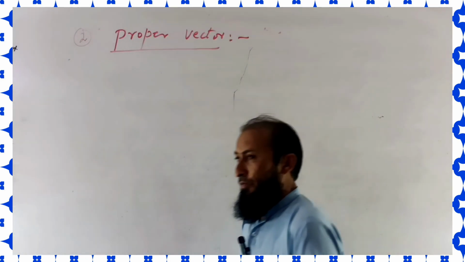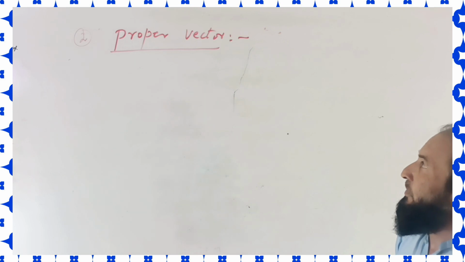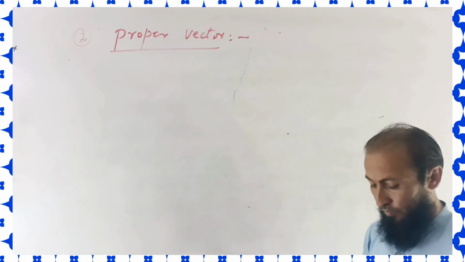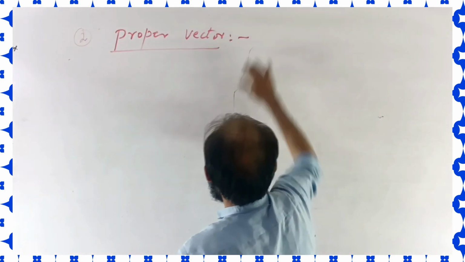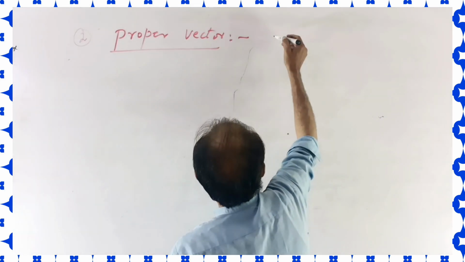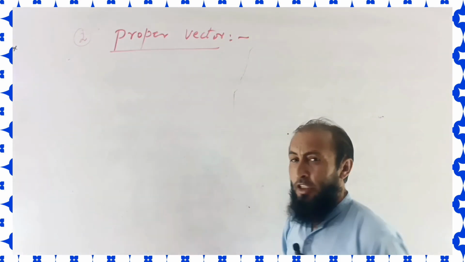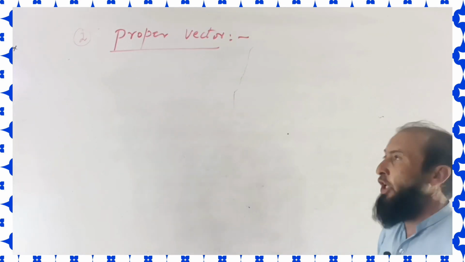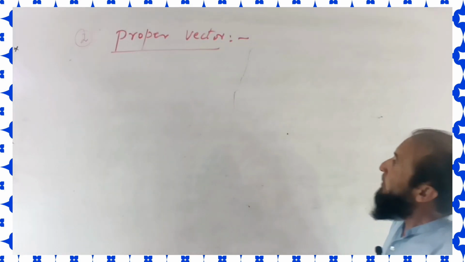A proper vector is that type of vector whose magnitude is not equal to 0, a non-zero vector. In other words, those vectors which have magnitude not equal to 0 are called proper vectors.